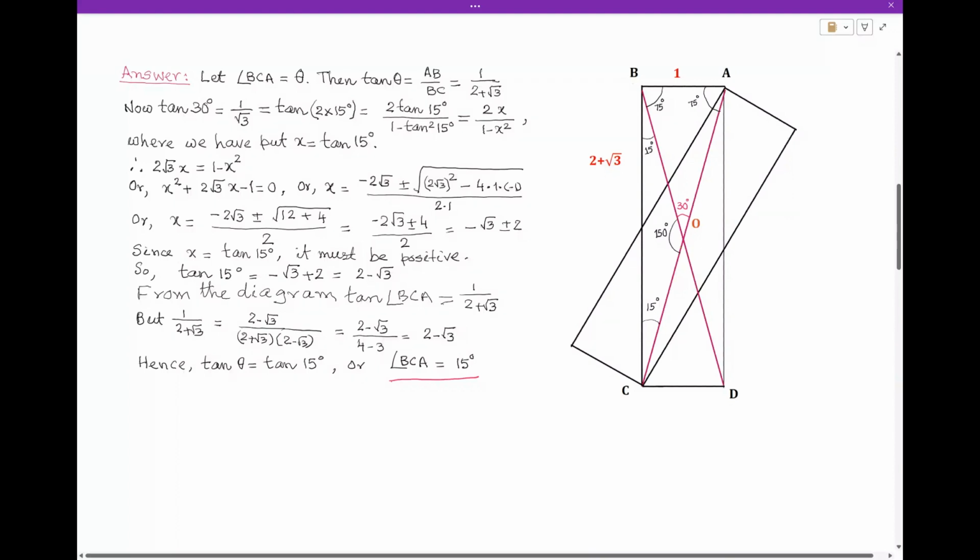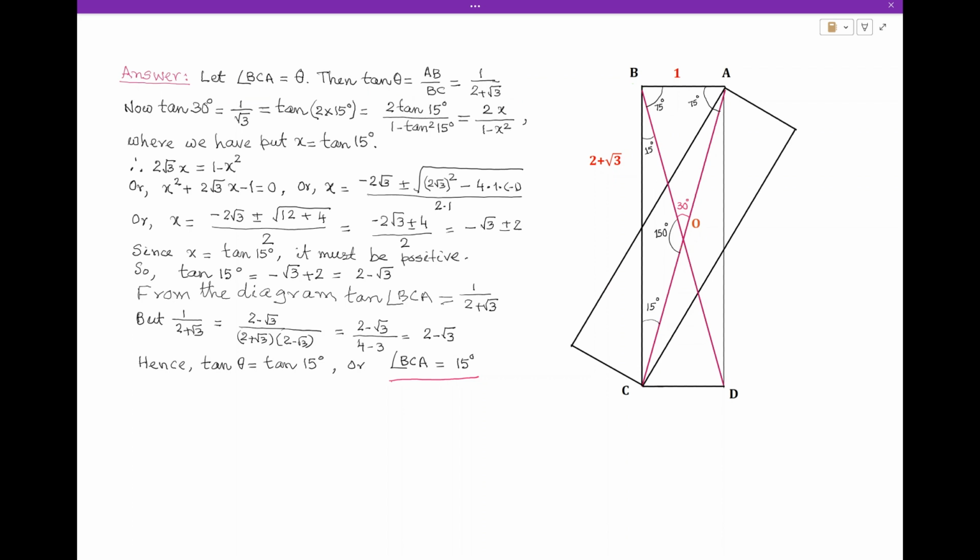Look at the diagram. Here BA is given to be 1 and BC is given to be 2 plus square root of 3. Now if we denote angle BCA by theta, then tan theta is equal to AB divided by BC, and that is equal to 1 divided by 2 plus square root of 3.